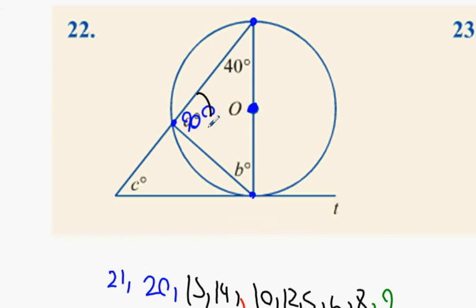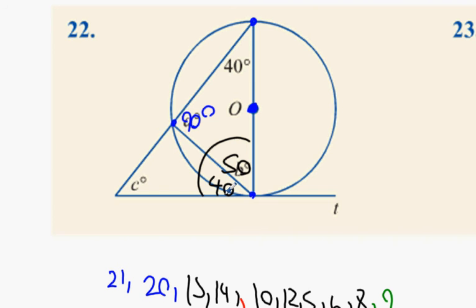This angle here and this angle here have to add up to 180. Therefore, that makes that one 50. Okay. After that, how much is this angle here? 90 in total, but it'd be 40 down there.